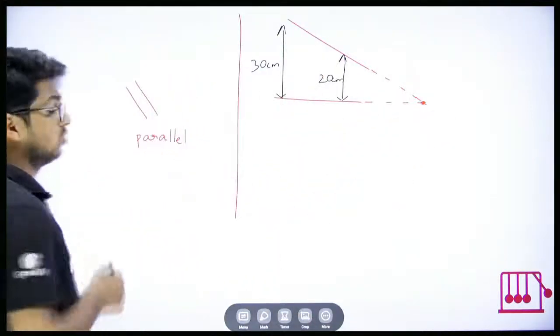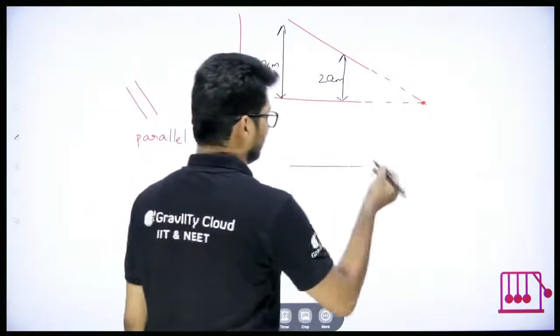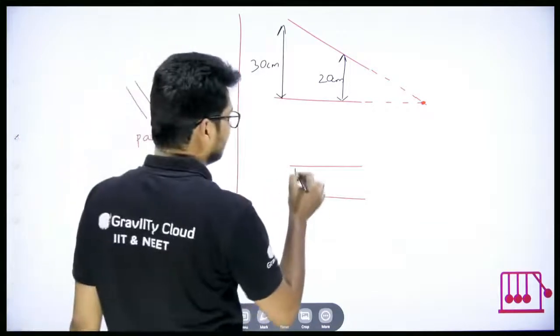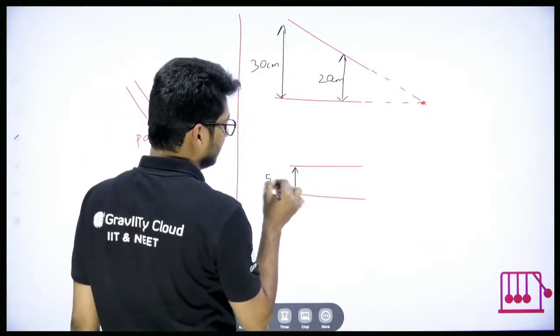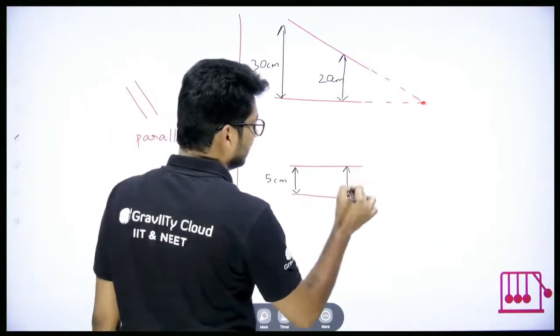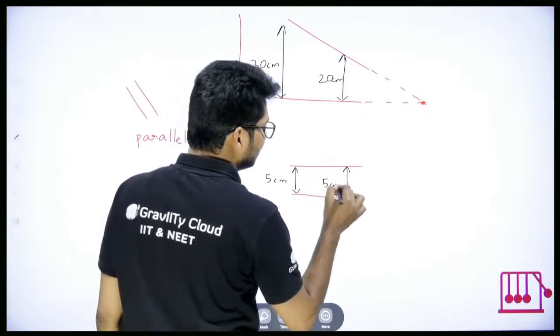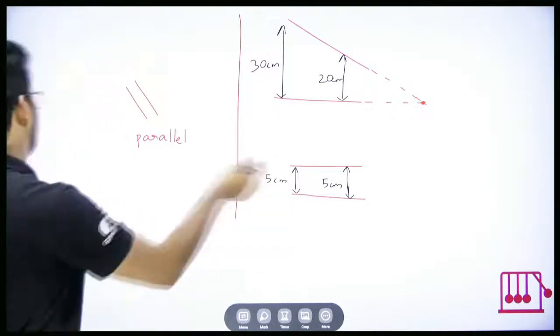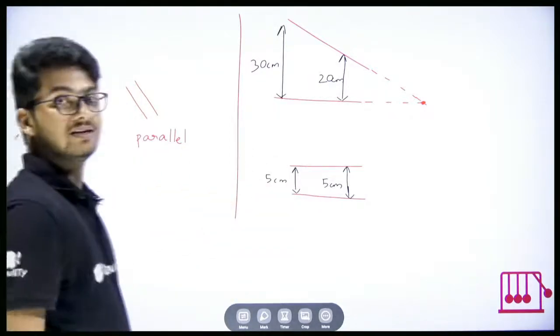But if I take two lines in this way, where the distance between them, let's say here it is 5 centimeters and here also it is 5 centimeters, that is, the distance between the lines is constant, 5 centimeters.